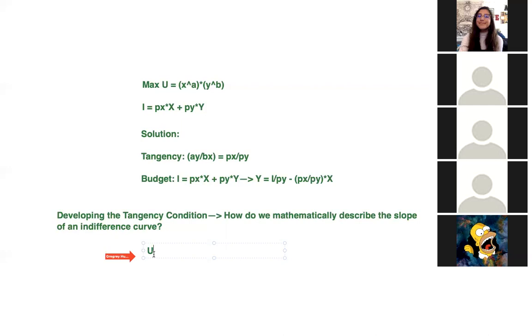But here it's a little bit difficult because I don't have special characters. So I'm going to say it's U star. Normally I save star for the optimal consumption bundle's level of utility, but I'll just say U is a constant, and let's call it U star.